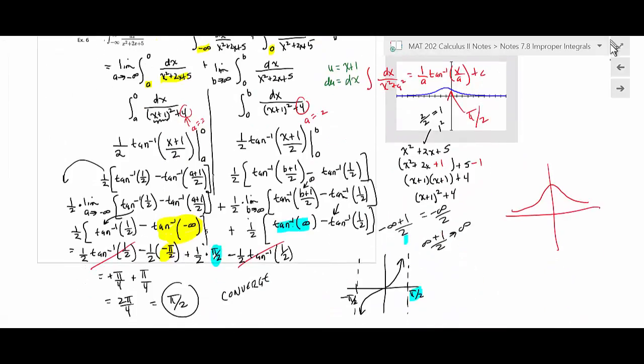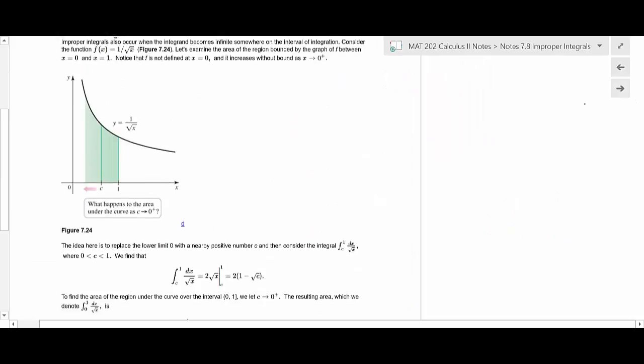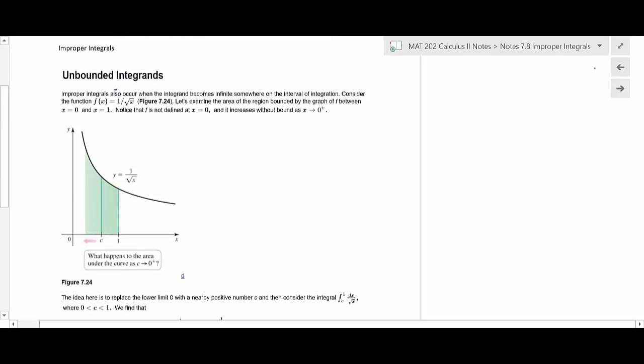Okay. All right, now we're going to transition to the next kind of thing that happens. There are 2 main areas of improper integrals. The first type is where the limits of integration have infinity in them. That's type 1. The second type is something like this.